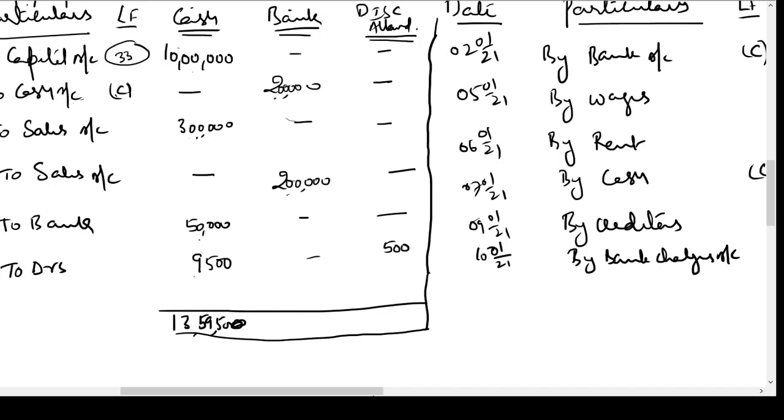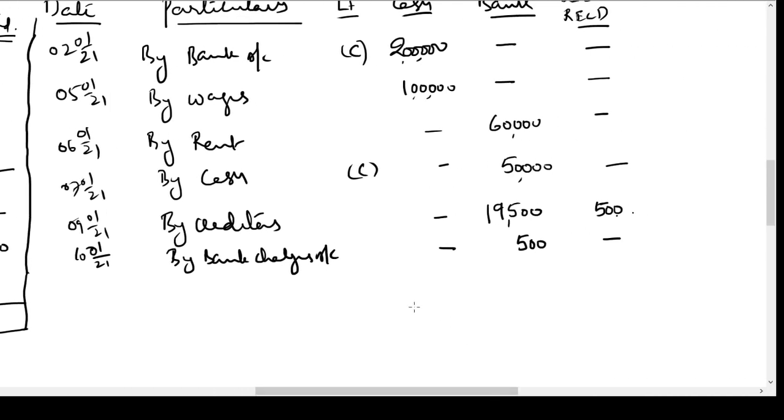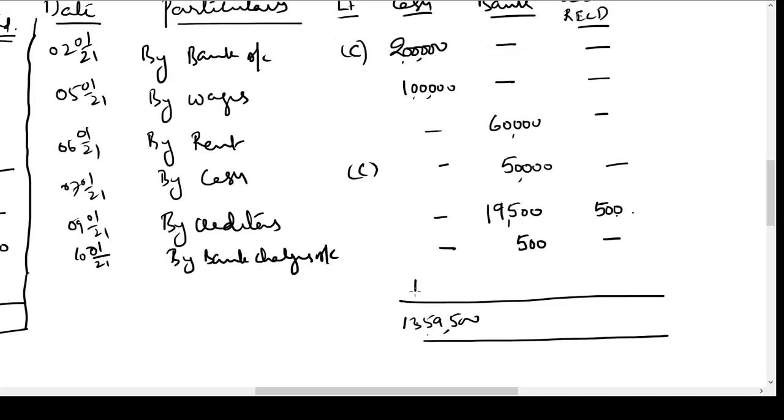Okay, the same amount I'll write on the payment side as well, 13 lakh 59,500. Out of this we have to subtract the two payments here, 2 lakhs and 1 lakh. So only 3 lakhs are there. So we are going to be left with 10 lakh 59,500 of cash. We write here by balance carried down.